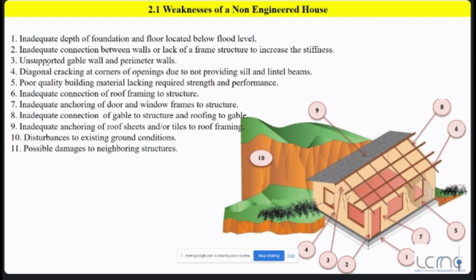Okay, so that is that for now. Here number 3, unsupported gable wall and perimeter wall. Unsupported means there is no stiffness beam in between the wall region, because your gable wall is very high. You just apply it with the villas construction. You have 10 feet signature villas and 8 feet signature villas, which have this signature type wall and this gable height wall.